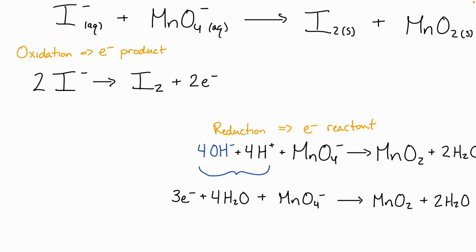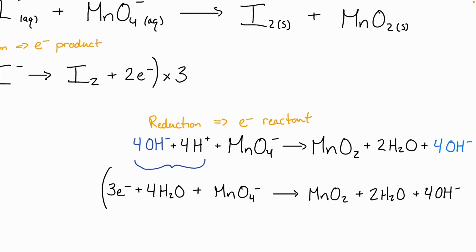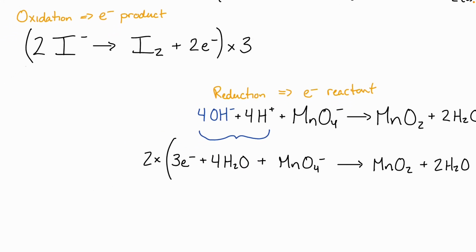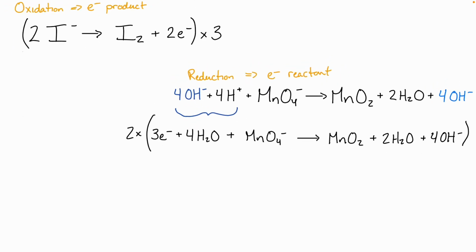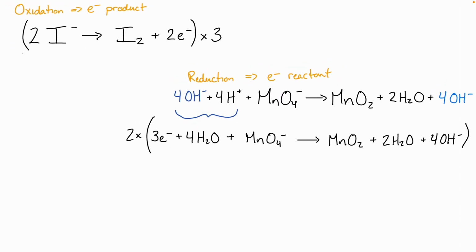So I'm going to take this half reaction and multiply it by 3, and this half reaction and multiply it by 2 to make them both 6, the least common multiple of 2 and 3. Right? I can't turn a 2 into a 3. I got to turn them both into 6.